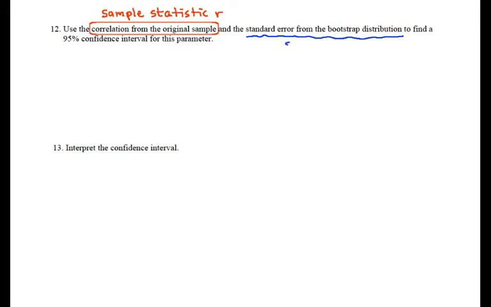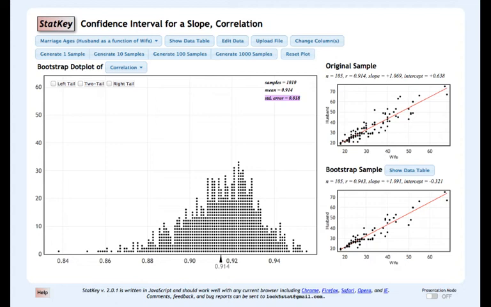We said that that standard error, that estimate at the time, was 0.018. We could look back in our notes, or we can look back at the Bootstrap distribution right now. That was standard error here, 0.018.